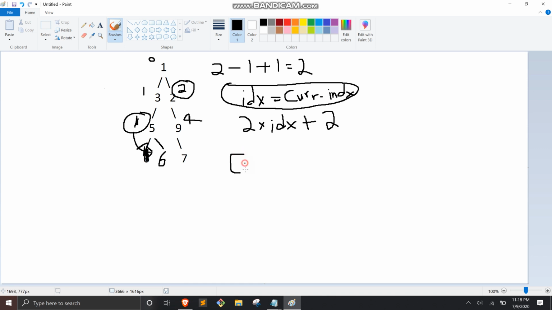And when I say pair, the pairs store the node and its index. So the current index is from this index.